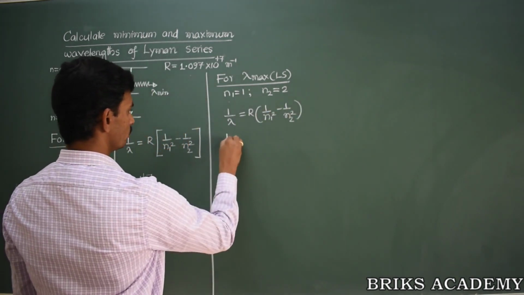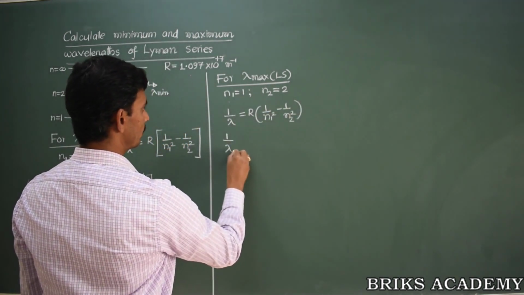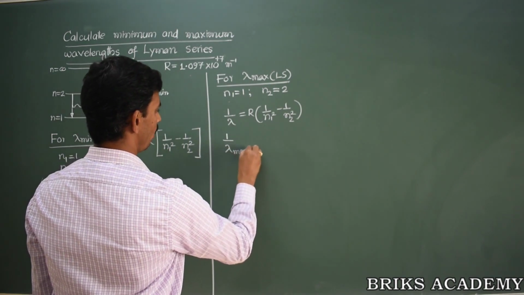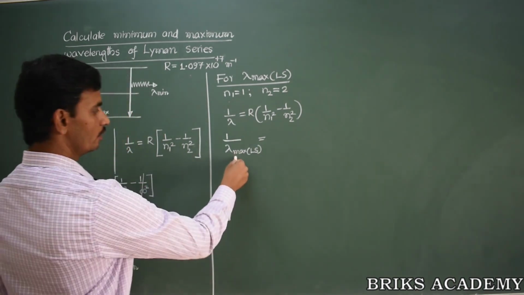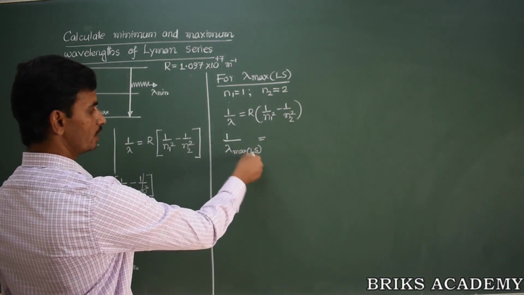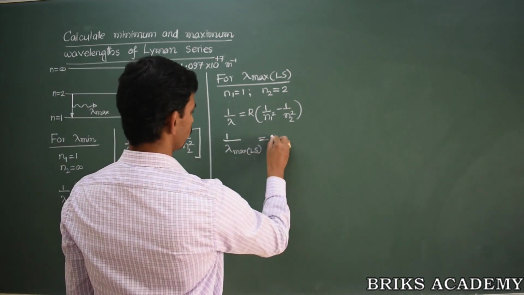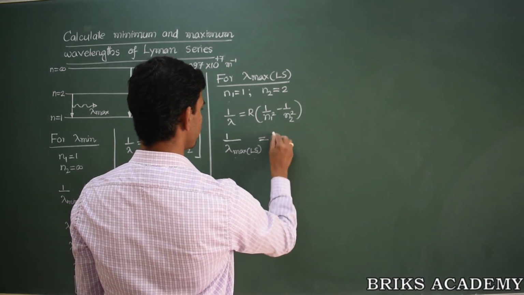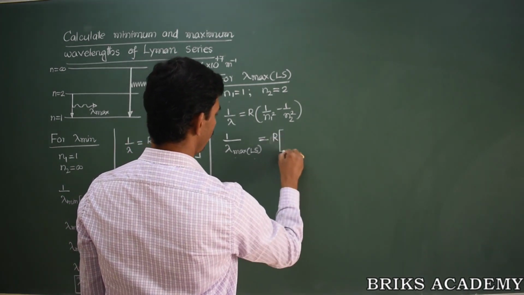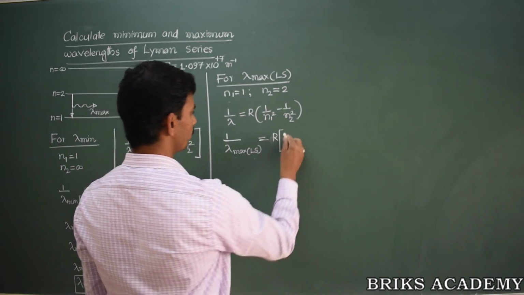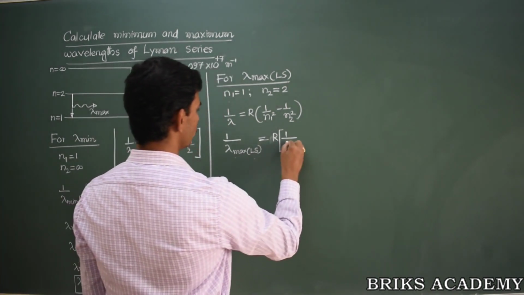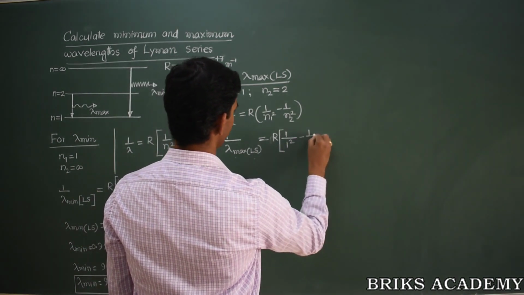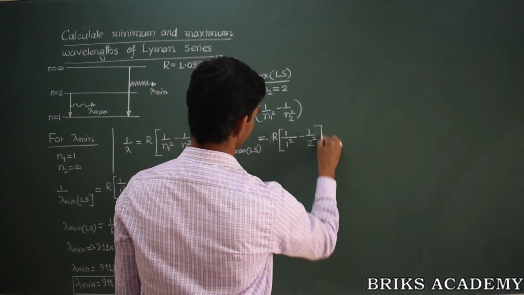Putting the values, 1 by lambda maximum of Lyman series, to be more specific, mentioning which series it is, is equal to R, keeping the R value as it is without substituting until the last step for convenience. 1 by 1 square minus 1 by 2 square.